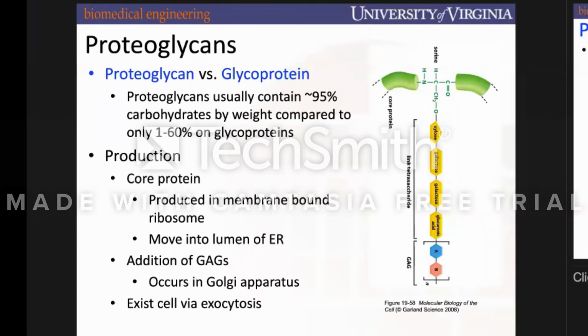But that's not to say that the addition of those sugars to glycoproteins, while they'll be much fewer, doesn't contribute to the function and conformation. I'll just stay with function of that glycoprotein.